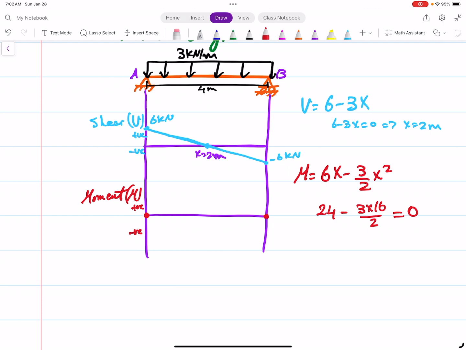So it starts at 0 and ends at 0. But it has a parabolic shape, x squared, and it is negative x squared. And you know, if you are plotting y equals x squared, and this is y equals negative x squared. So it is a parabolic shape like this, y equals negative x squared.